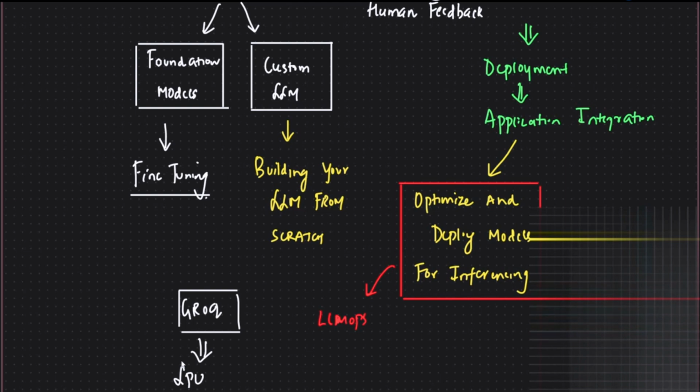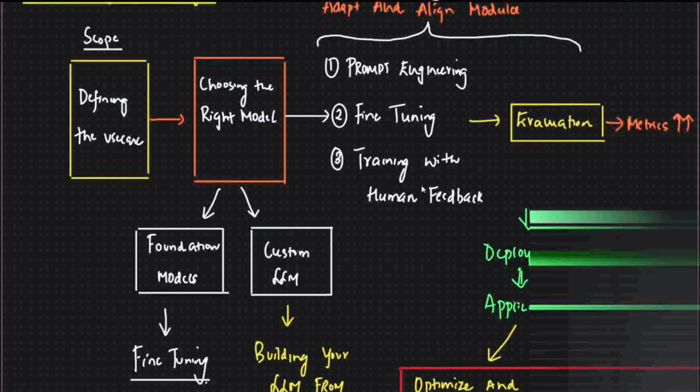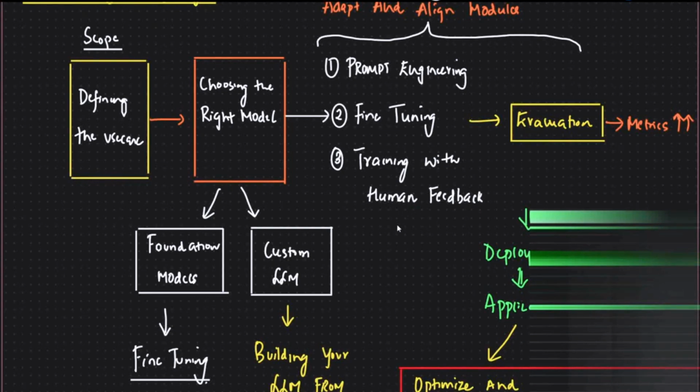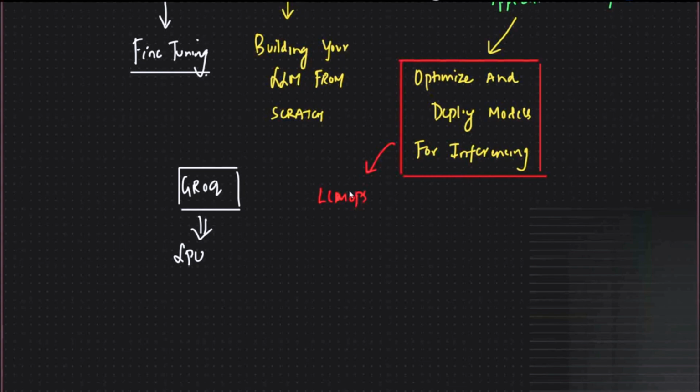At the end of the day, whatever models you create, unless the inferencing is fast, you cannot use them. It is very necessary that you know this module extensively, because building all these things is very easy. Fine tuning is very easy. You have a template, a framework, dataset preparation, and you can perform this step.